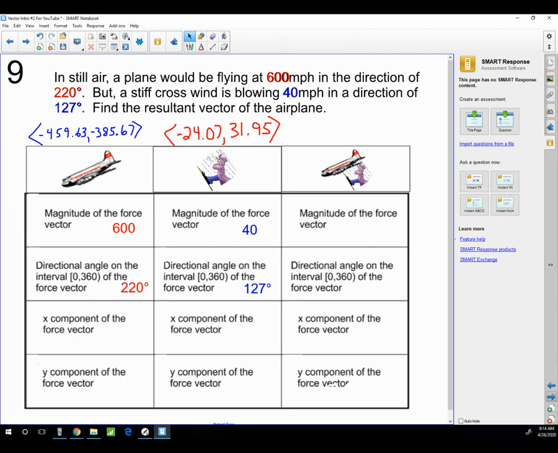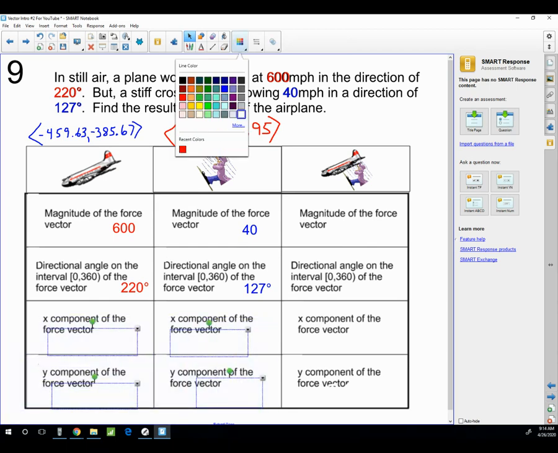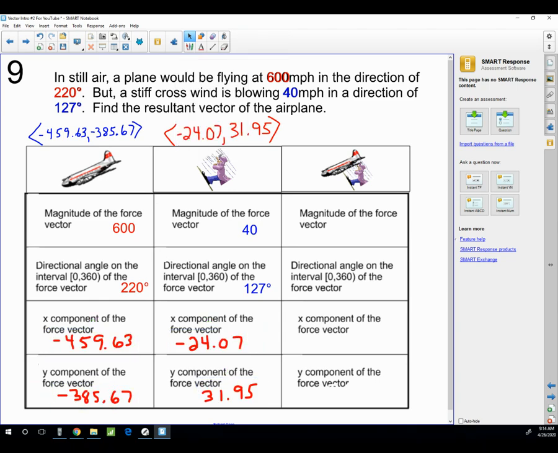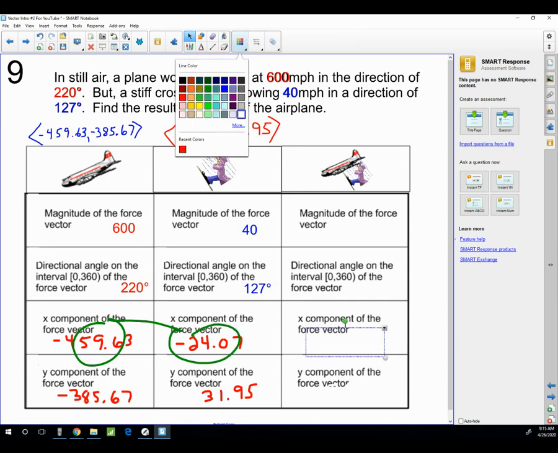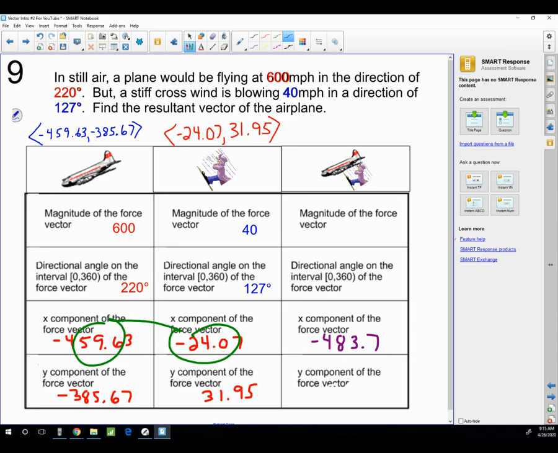We had to get the components of the airplane and the wind. And that was them. Now we say this plus this is this. And this plus this is this.